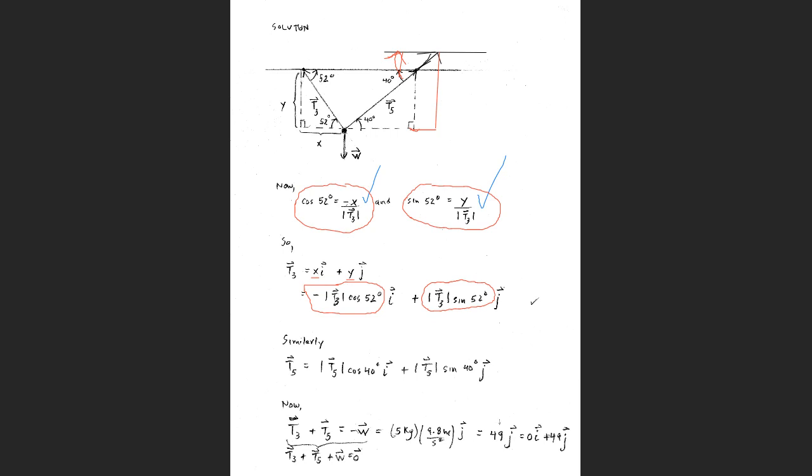The T sub 5 tension vector, which is the tension vector corresponding to the 5-meter rope, can be written similarly as you wrote the T sub 3 tension vector for the 3-meter rope.